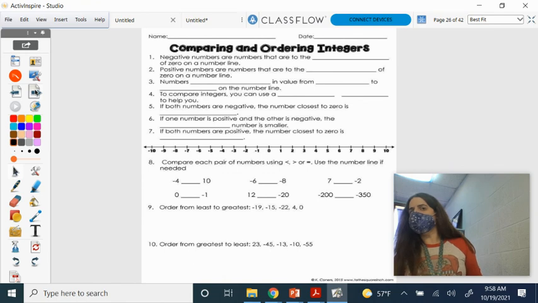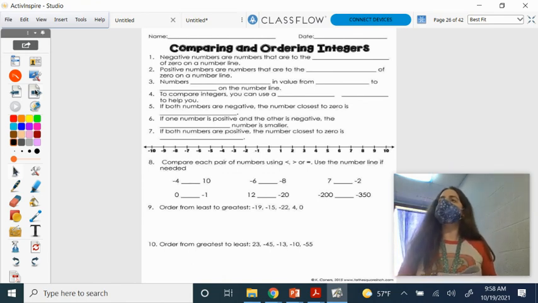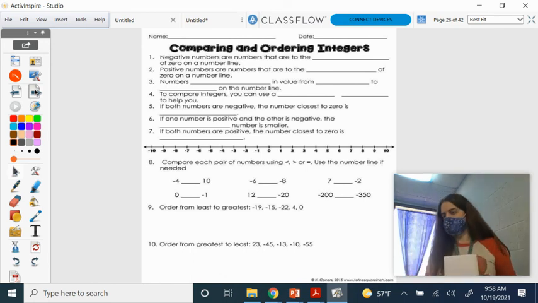Kaylin doesn't have a notebook. Hayden, where's your notebook? You do have one.